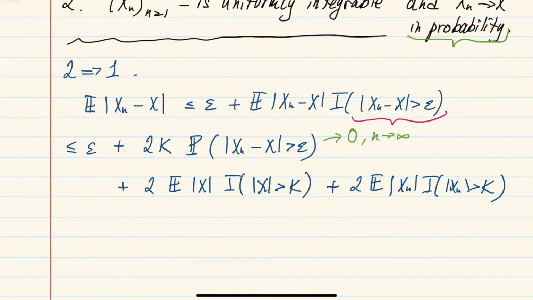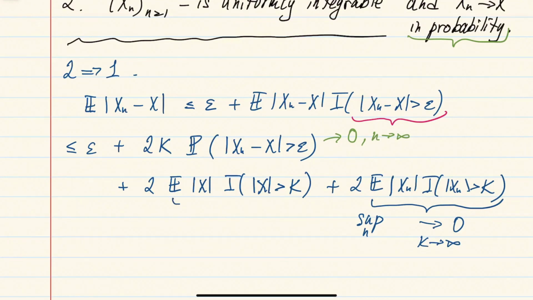And so that just increases the bound, because we are integrating positive functions here. And then the last term here, that's our assumption of uniform integrability: even if you take a supremum over all n, this will go to 0 when k goes to infinity. So you can take k large enough such that the second term is as small as you like.